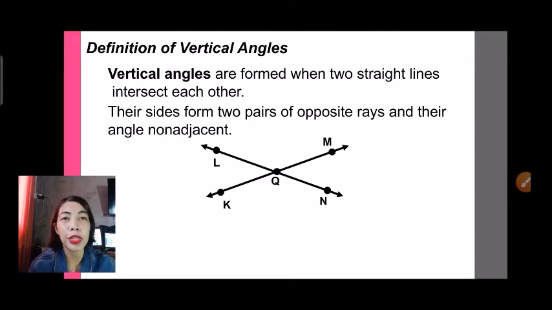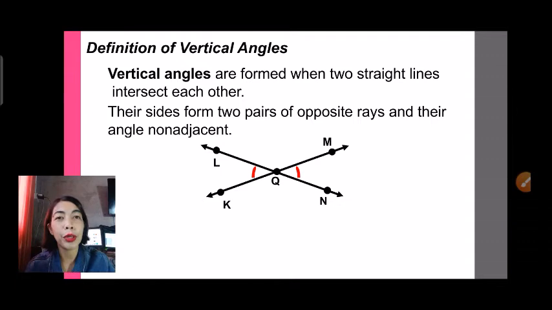So, when we say vertical angles, nabubuo sa two intersecting lines, and then their sides form two pairs of opposite rays and their angles are non-adjacent. So, hindi sila magkadikit.